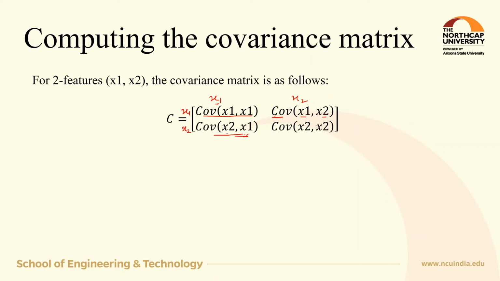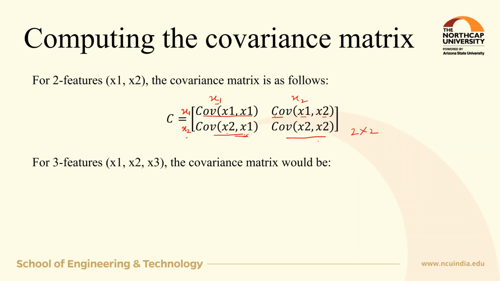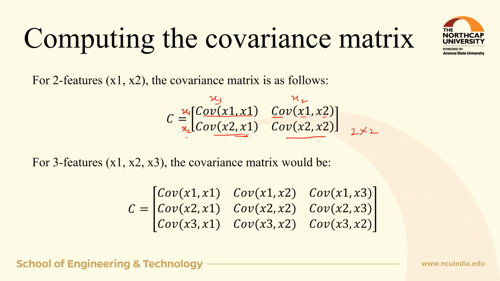So this is a kind of symmetric matrix, and the last cell will represent the covariance between x2 and x2. So this will be of size 2 cross 2. Similarly, if we have 3 features, the covariance matrix will be of size 3 by 3, and definitely the covariance matrix will be symmetrical in nature. Similarly, if we have n dimensions, the covariance matrix size will be n by n for n features.